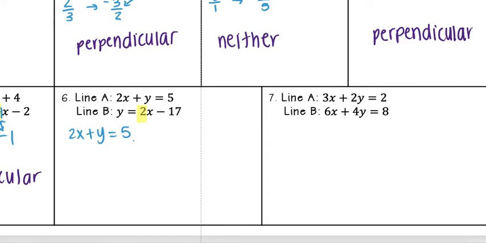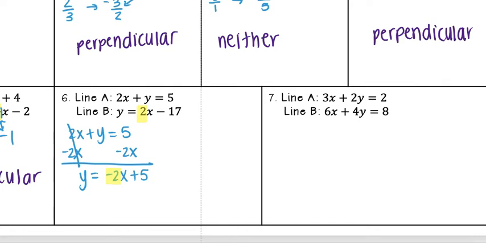So I need to move this 2x to the other side, which means I subtract 2x from both sides. So I have y equals, and I can't combine these because 5 doesn't have an x with it, so I just leave this as -2x plus 5. Now they're both in slope-intercept form, and I see that my slope for line A is -2.